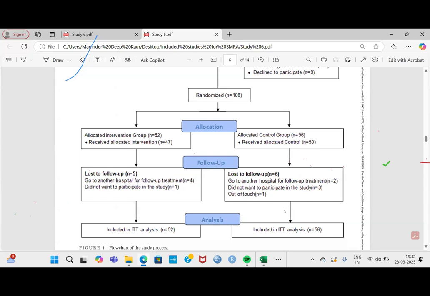If it was per protocol, we would include only 47 and 50, leaving out those lost to follow-up. Obviously, intention to treat is considered the most robust because it increases the power of the study and there is less bias.